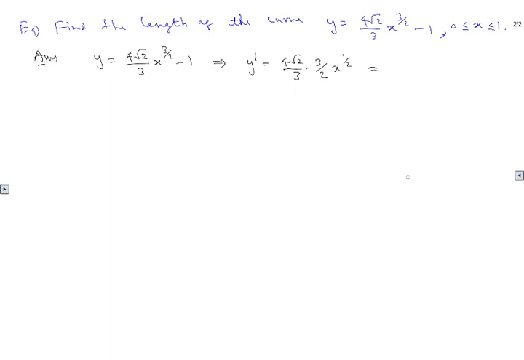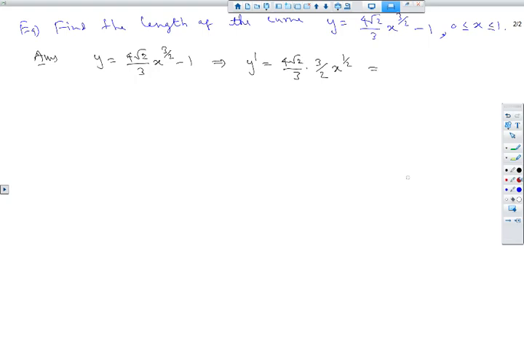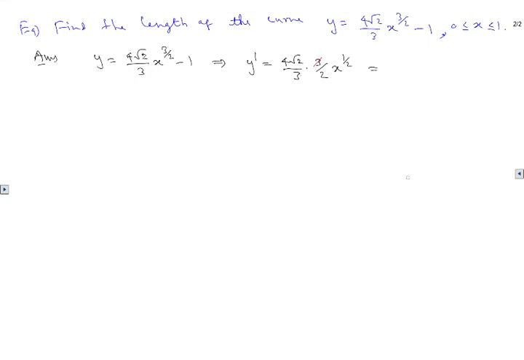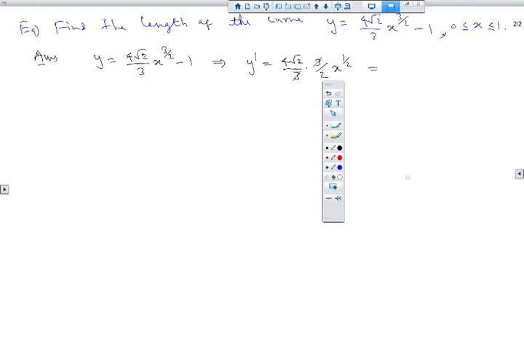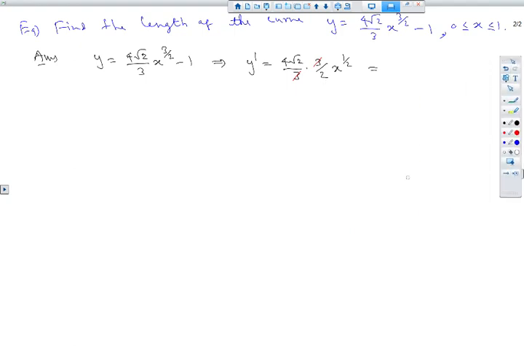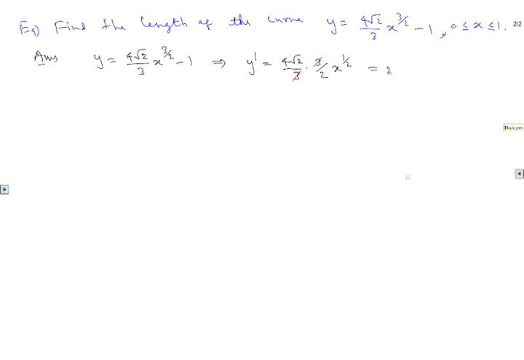If you simplify this a little bit, you can see that a lot of terms get cancelled. The 3 cancels, and the 2 cancels with the 4, so you get 2 square root 2 times the square root of x.